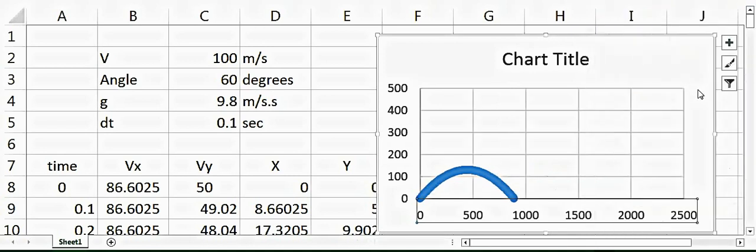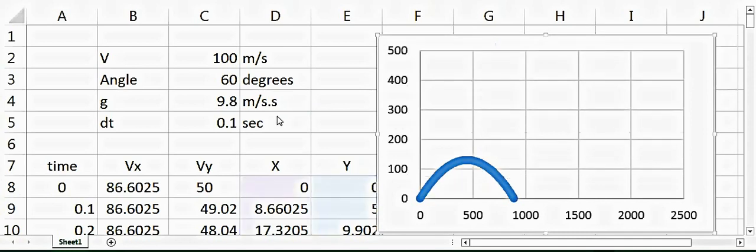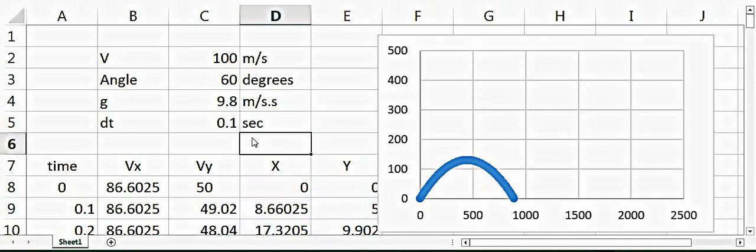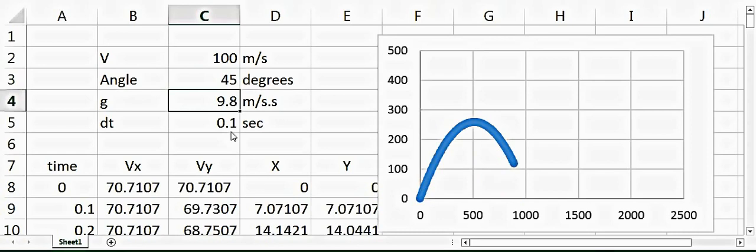Now I can change these numbers and look at how the ball will move in the air. So let's say the velocity angle, I change it to 45 degrees. You can see that the simulation is not complete, so I should simulate it more.